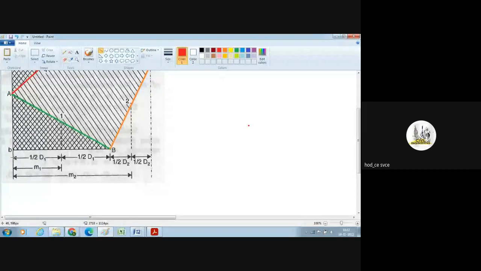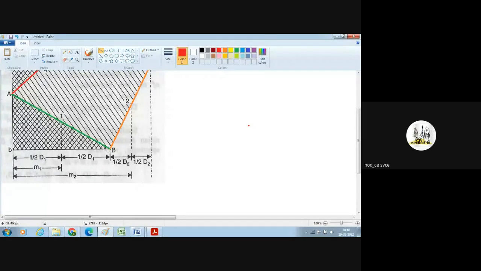So we have half of D1, which is the meridian of the line. That's why I have indicated M1 here. So M1 is the meridian of the line AB.